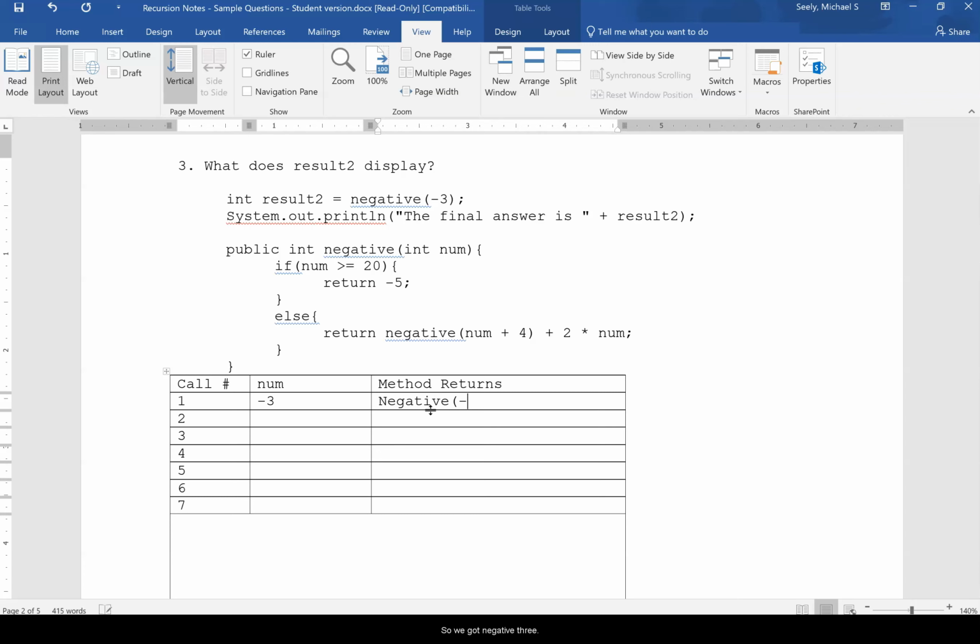so we got -3 plus 4 plus 2 times -3. And so -3 plus 4 is 1.